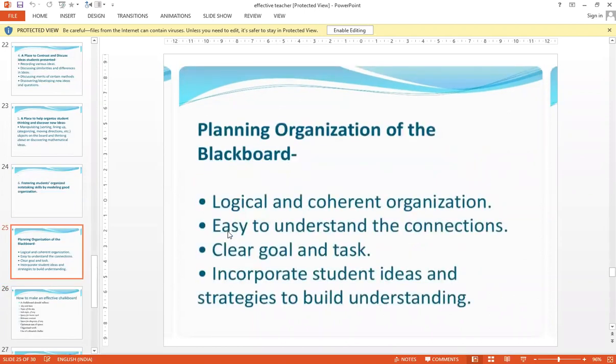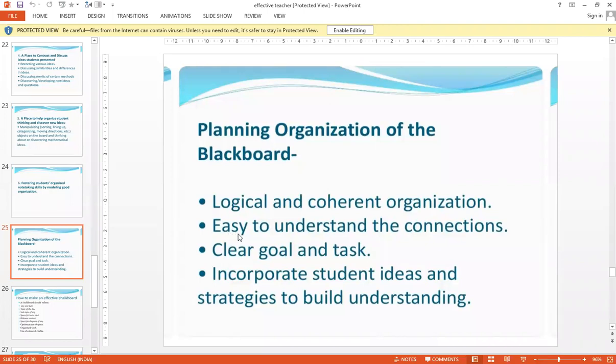Next, planning organizations of the blackboard. So in a classroom, as a teacher, how should we organize our blackboard? What are the things we need to write on the board? Let us study.